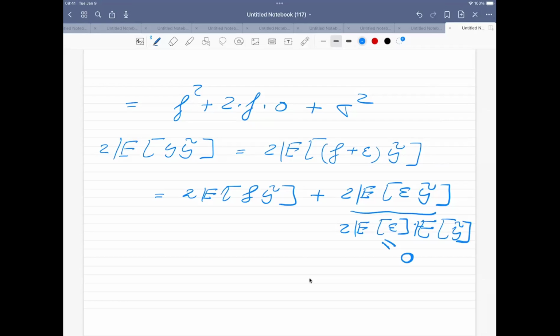So what we are left with then is, in total, what we are going to get when we collect all terms. This is a rewrite of the mean squared error.